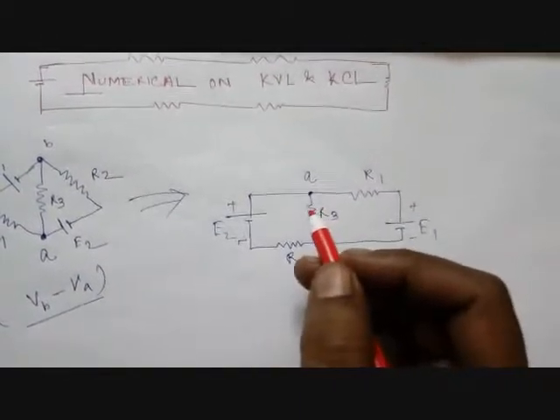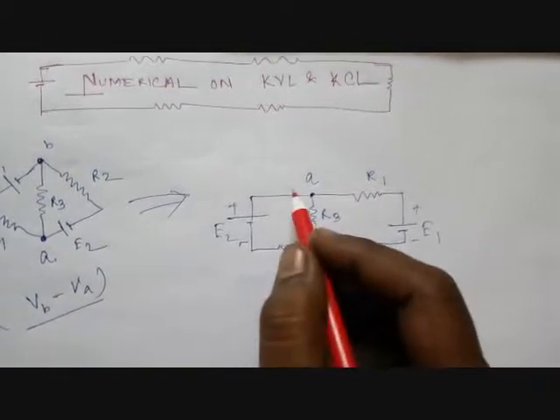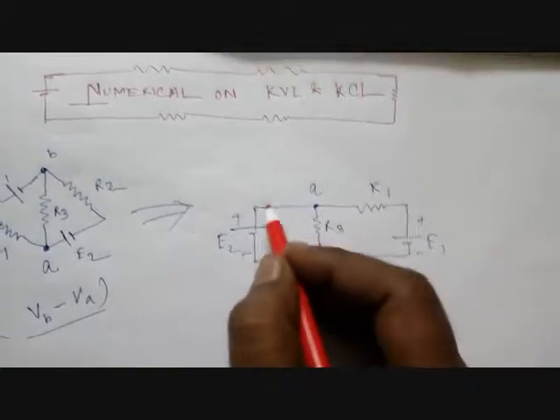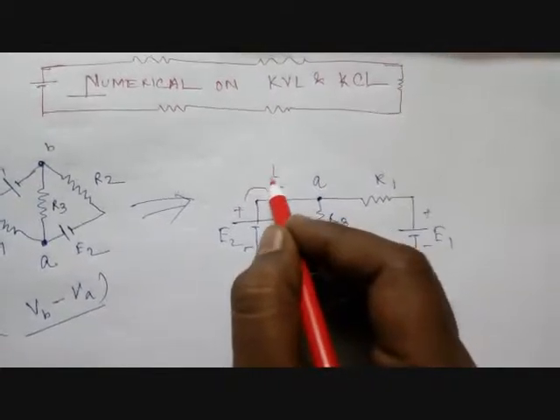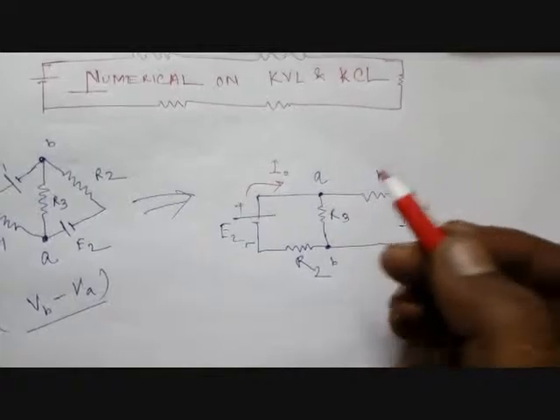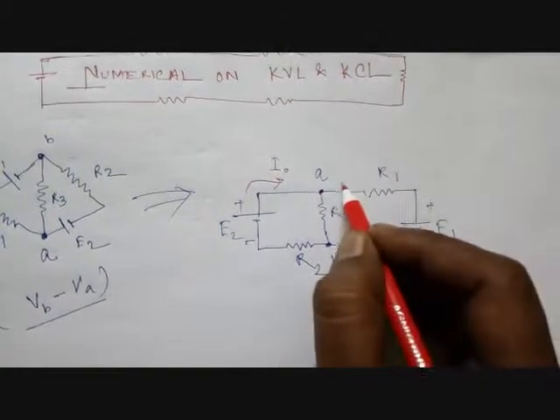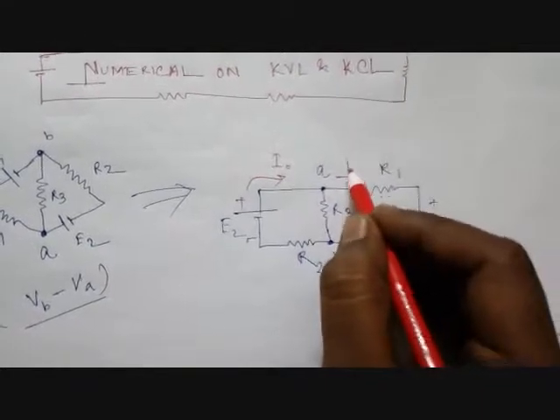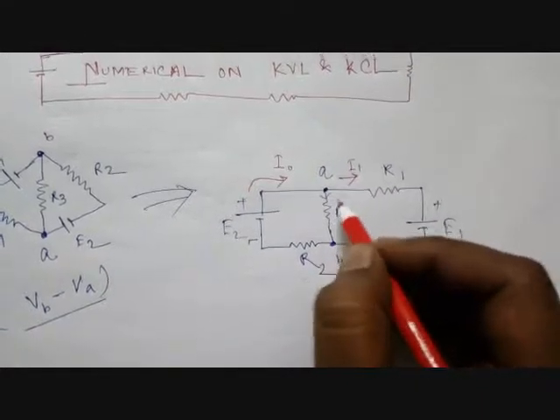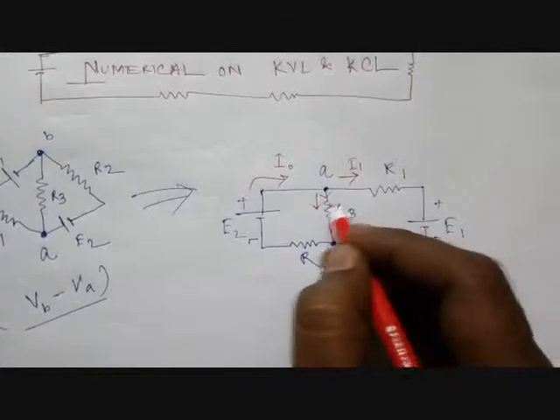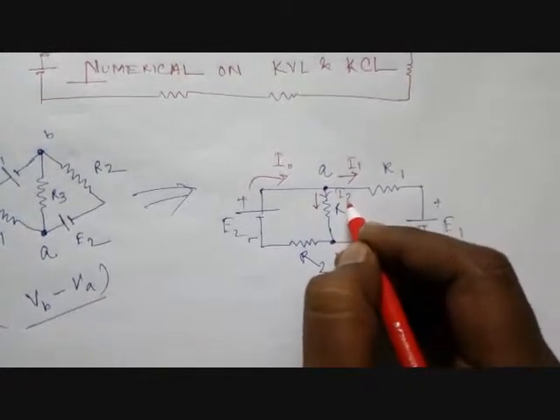Now let's mark the current through that branch. Suppose that one is I0. Suppose from node A, in this direction the current is I1, and in this direction the current is I2.